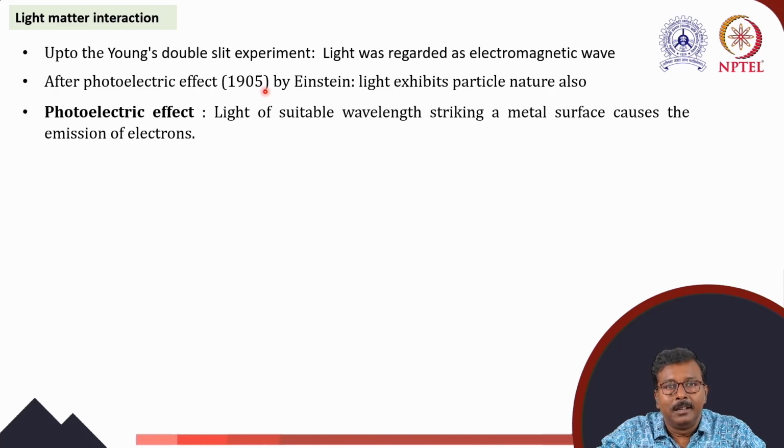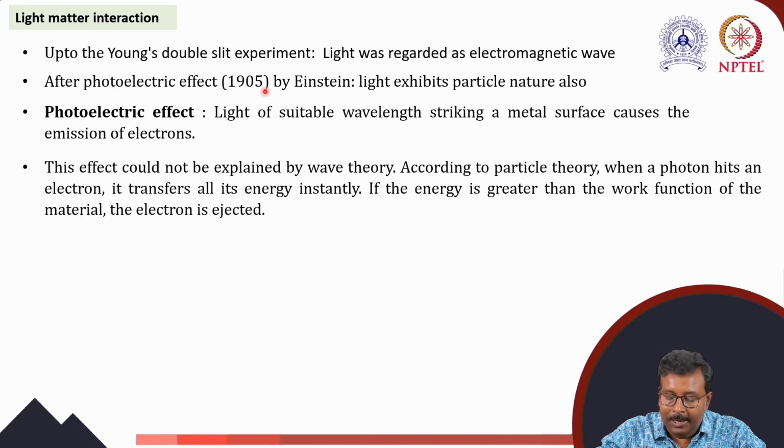How can it eject electrons from a metal or any material surface? So the concept of the particle nature of light came into the picture. And the photoelectric effect could not be explained without the concept that light is a particle.